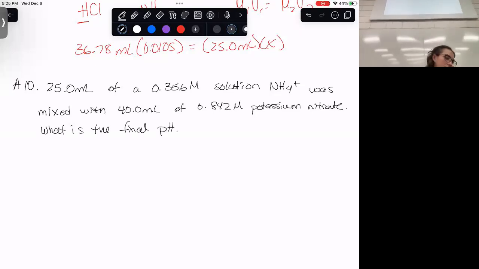Okay, so for this one, we have 25 mils of 0.356 molar solution of ammonium mixed with 40 mils of 0.842 molar potassium nitrate. What is the final pH? Okay, who's got ideas how to do this?